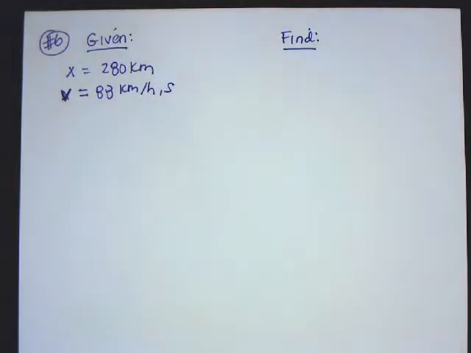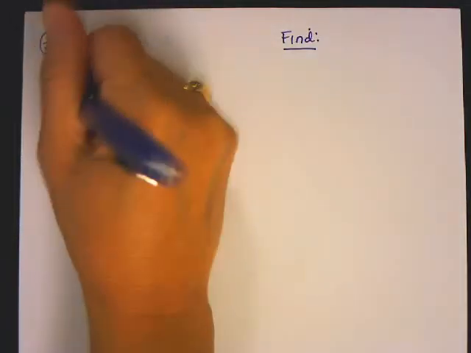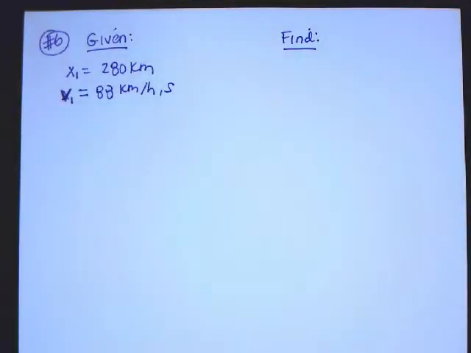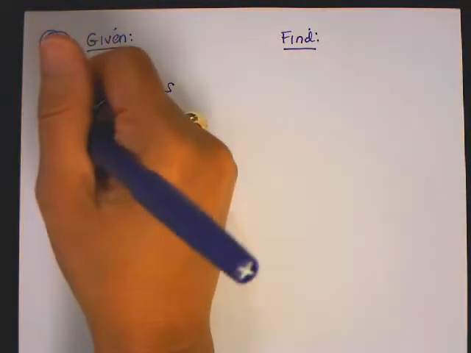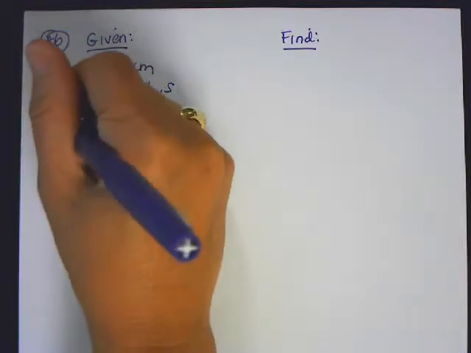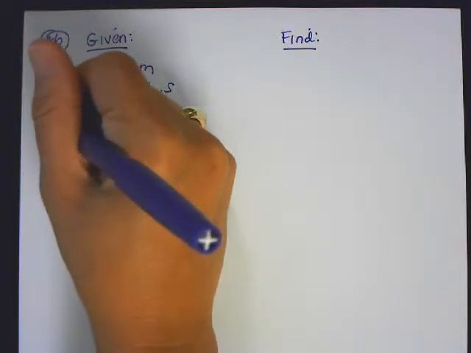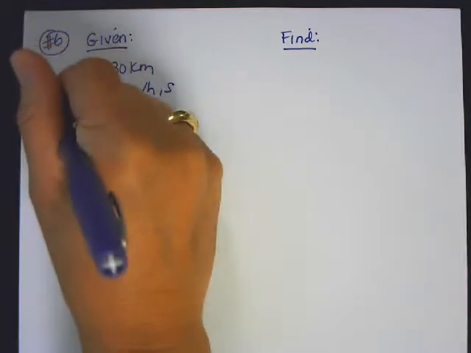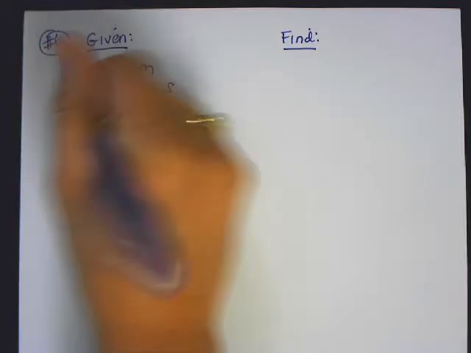So what I see is that this bus has different segments. First they told me a first segment, so I'm going to call this X1 and V1. Then they told me it stopped. So over there, because I see that it stopped, now I have a time, and it stopped for 24 minutes. So I'm going to call that T2.